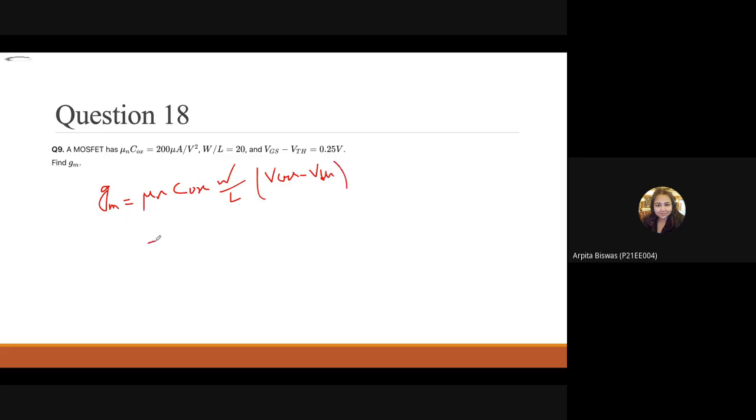So GM, mu n Cox value is given like 200 microampere, so 200 into 10 to the power minus 6, into 20 W by L, and VGS minus VTH value is 0.25. Okay, so GM value is 1.